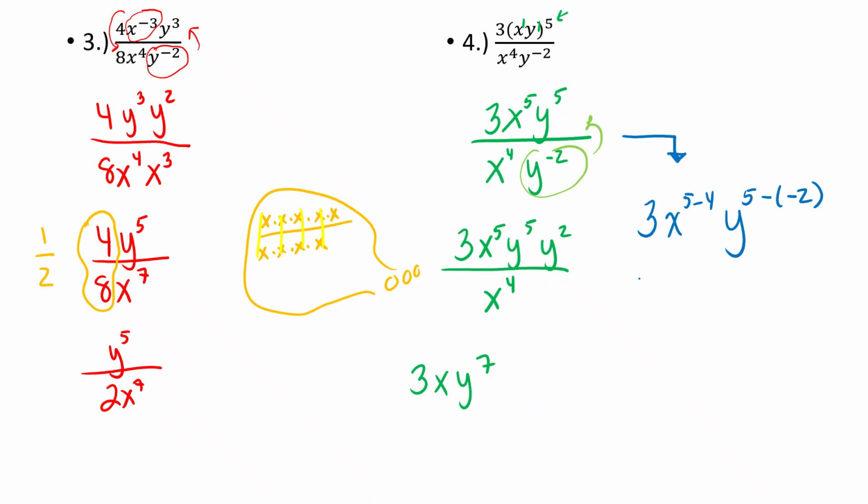But from here, we have x to the 5 minus 4, that would be 1. And then right here, 5 minus -2 is the same as writing 5 plus 2. So x to the first power is just x, and 5 plus 2 is 7. And you can see that yes, that also gets you to the same place.